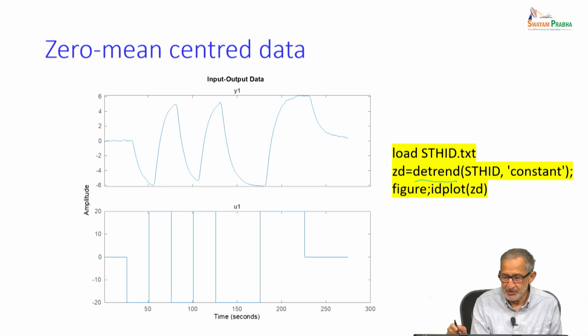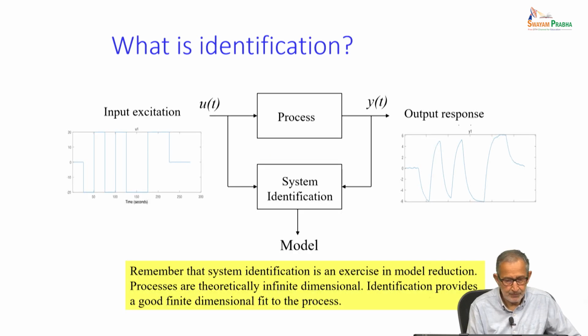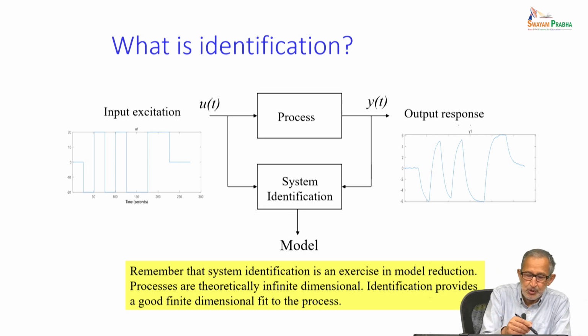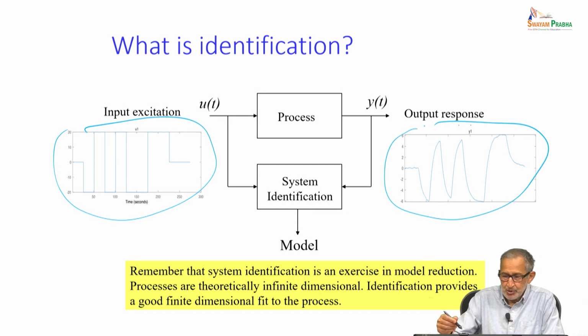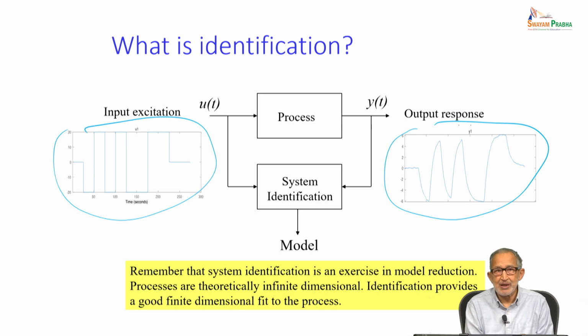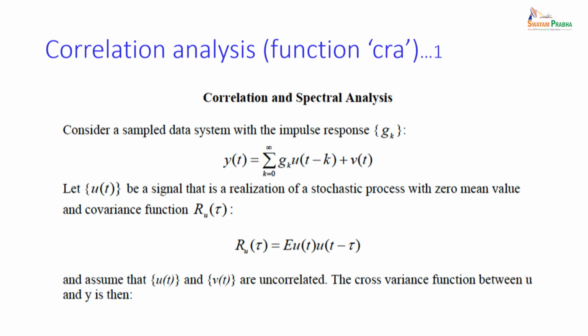If you detrend the data and plot it, the detrended data is now labeled as ZD. Here is the plot of the detrended data. So we feed this input excitation stream into our SysID algorithm, and the output stream into this ID algorithm to see what we get.